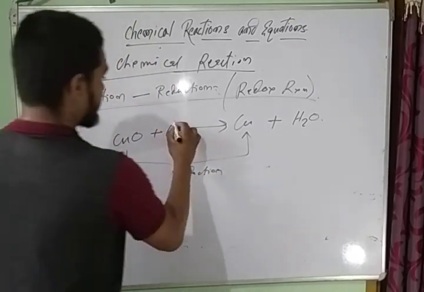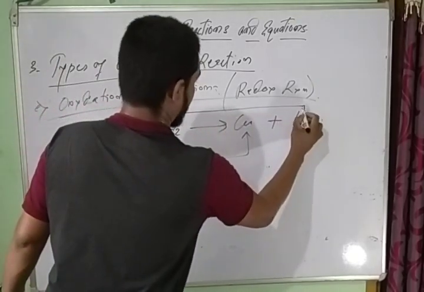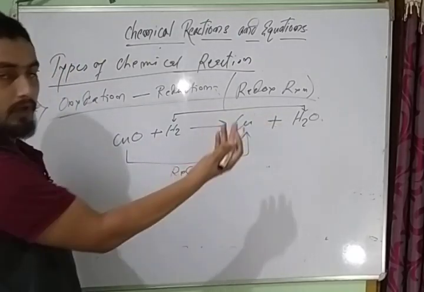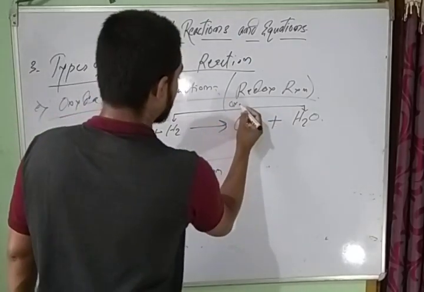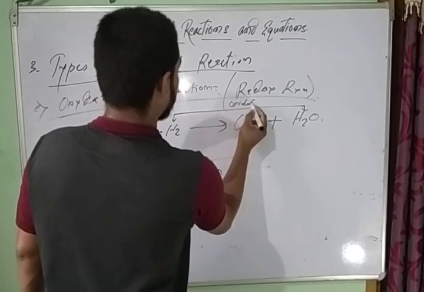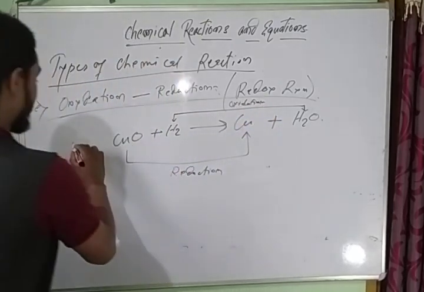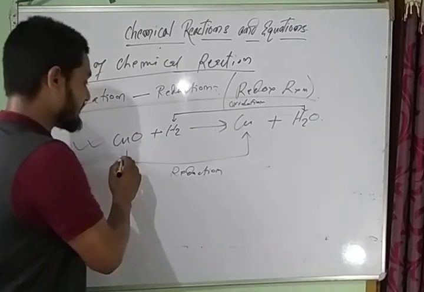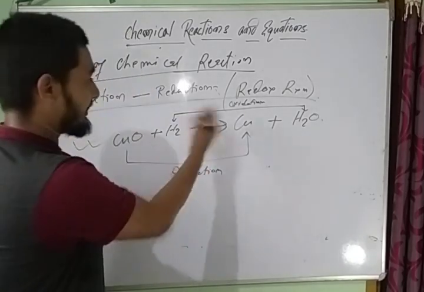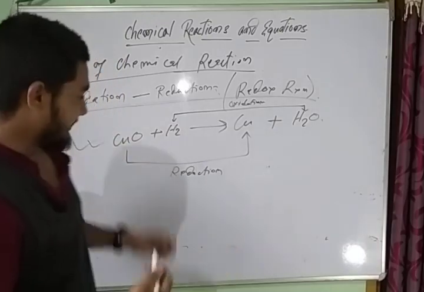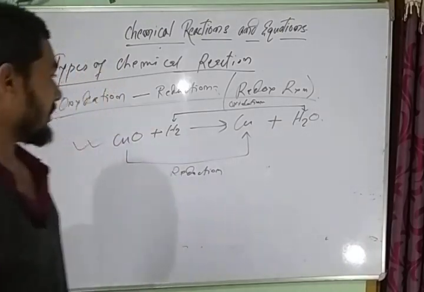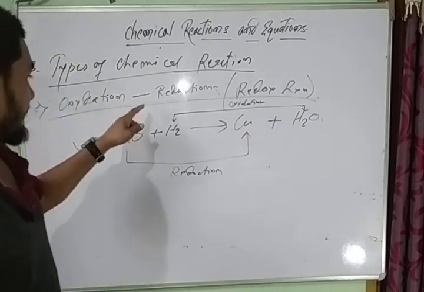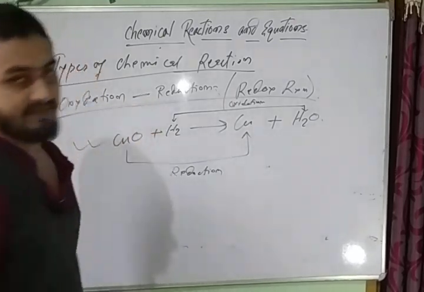And hydrogen is gaining oxygen to form water. So this is oxidation. So in a single chemical reaction, one reactant is oxidizing and another one is reducing, and this type of chemical reaction is called oxidation reduction or redox reaction. In oxidation-reduction reaction, here you will get a hyphen.